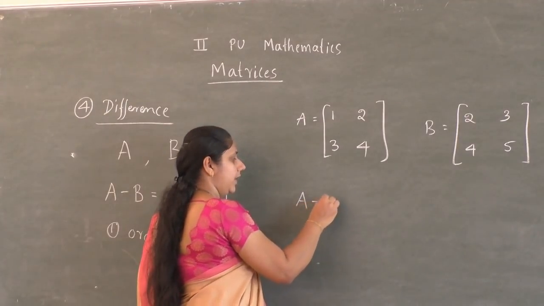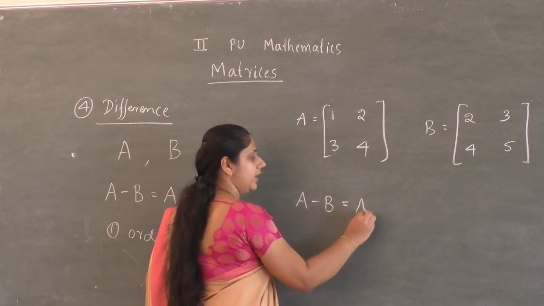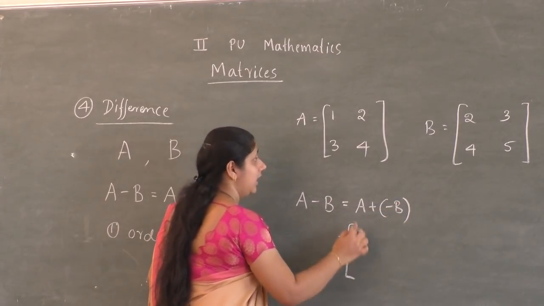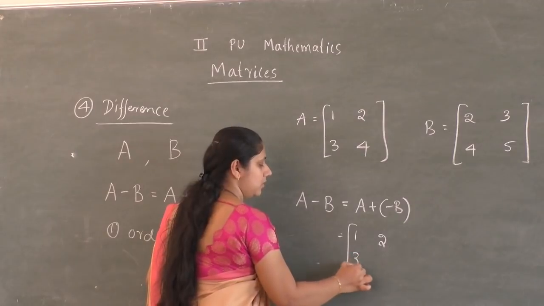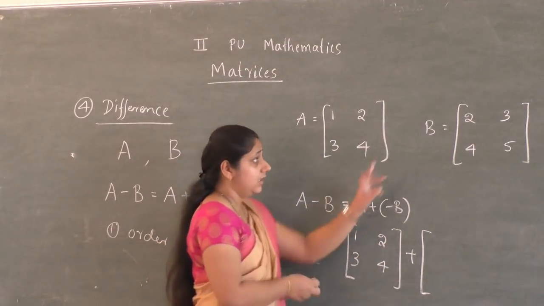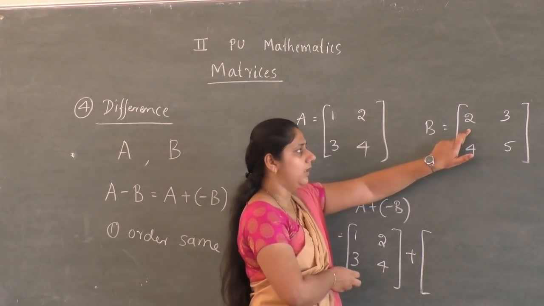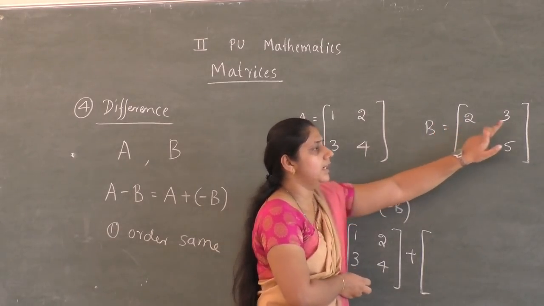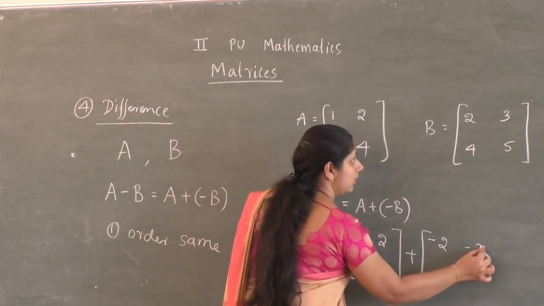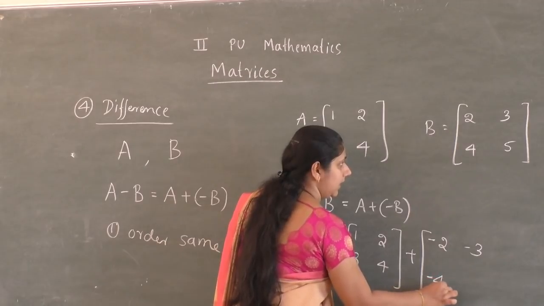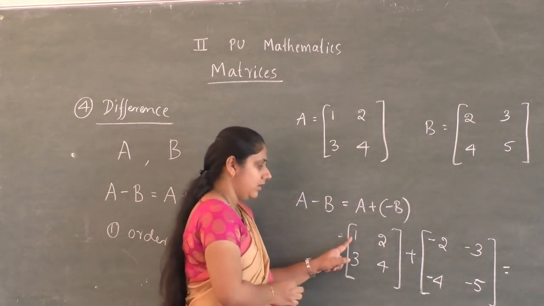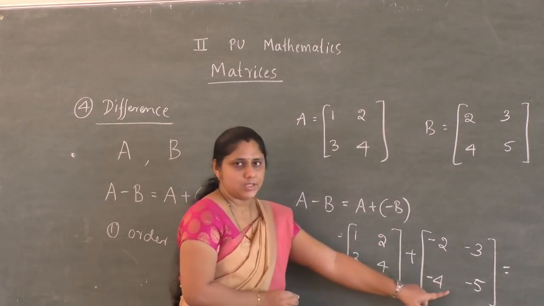In order to obtain A minus B, you have to write it as A plus minus B. So matrix A is 1, 2, 3, 4, whereas minus B is the negative of B. That is, you have to multiply -1 to each and every element of B. So it becomes -2, -3, -4, -5. Then you have to add corresponding elements of these two matrices.